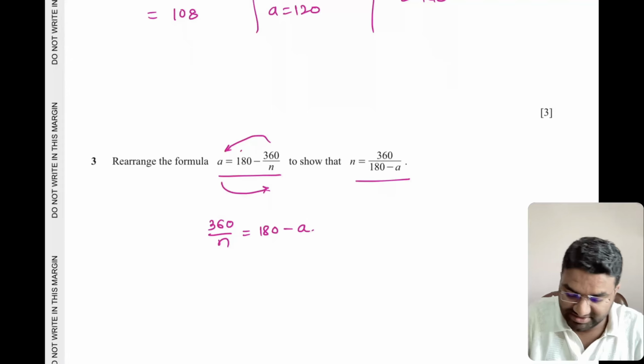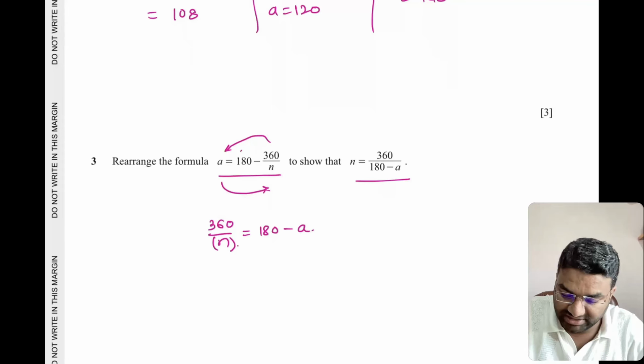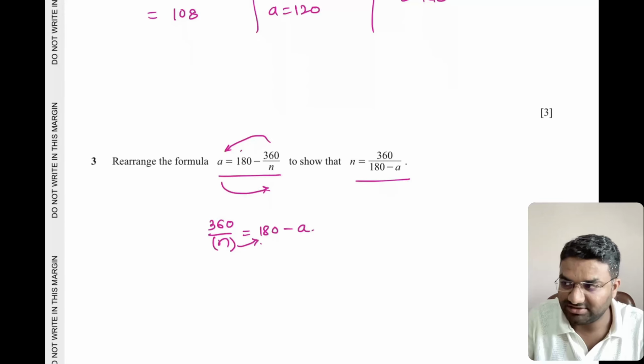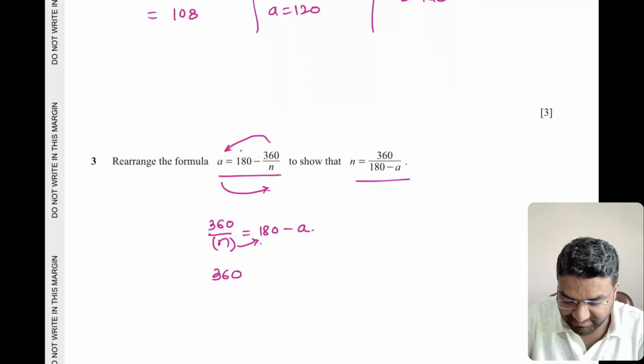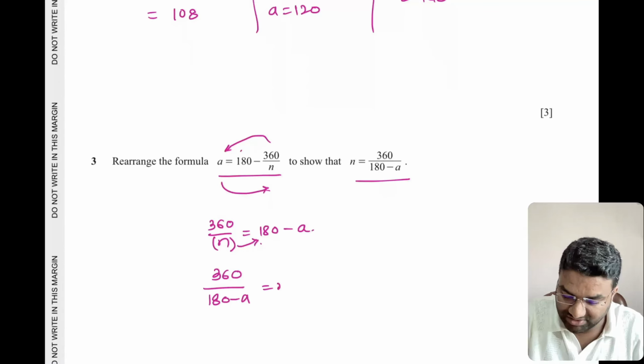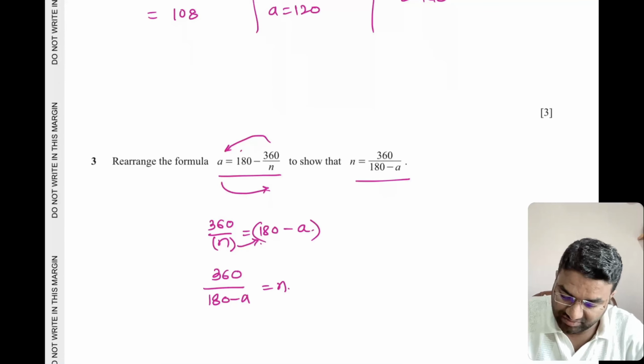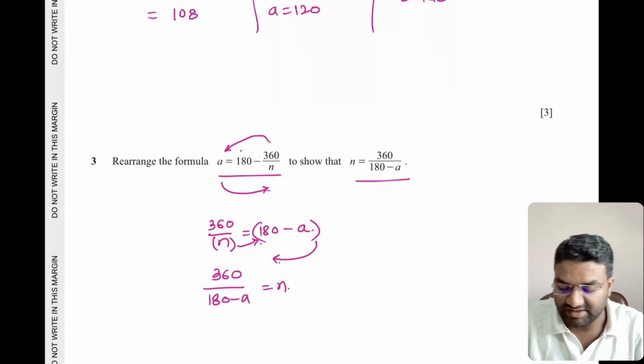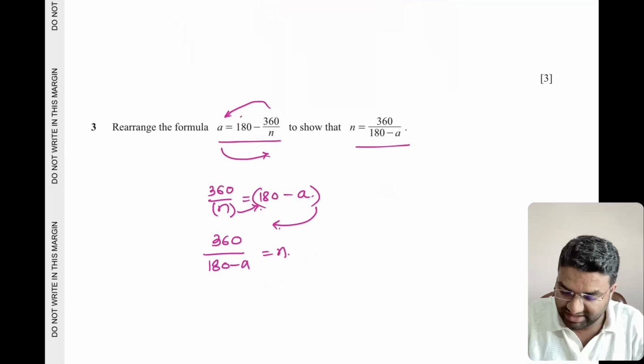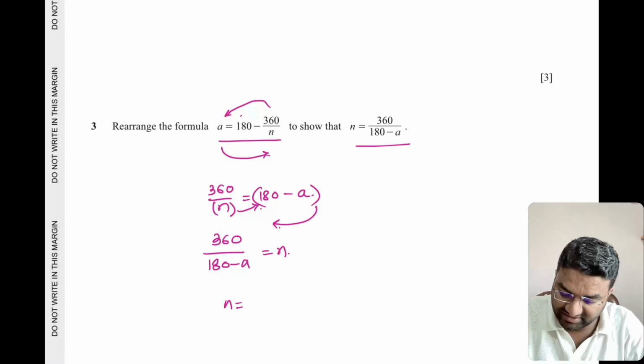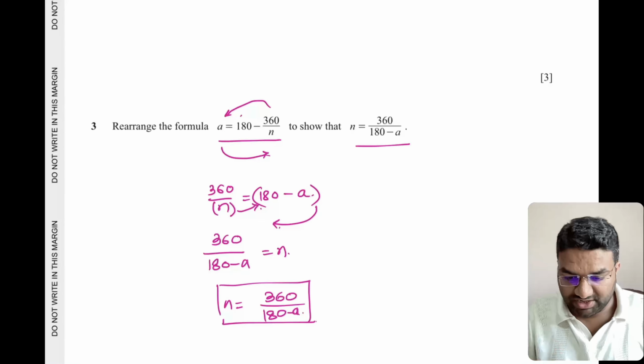Now n is in the denominator, so transfer it to the right: 360 divided by 180 minus a is equal to n, with 180 minus a as the denominator. So n is equal to 360 divided by 180 minus a. I hope you are getting these explanations.